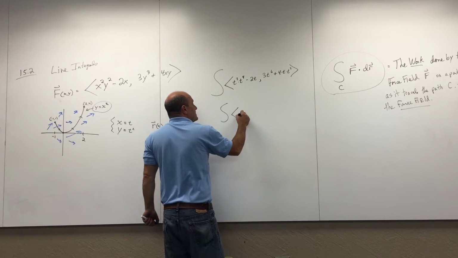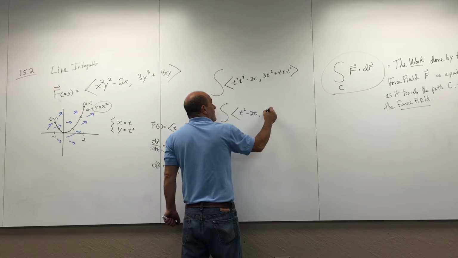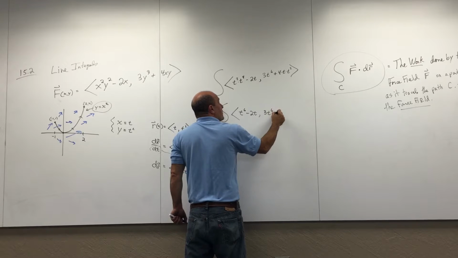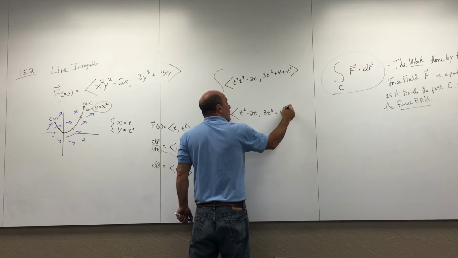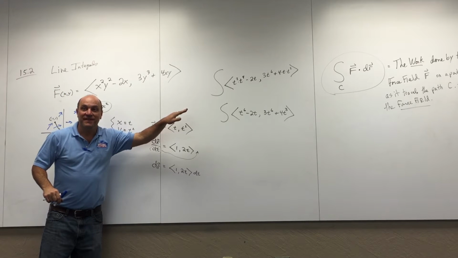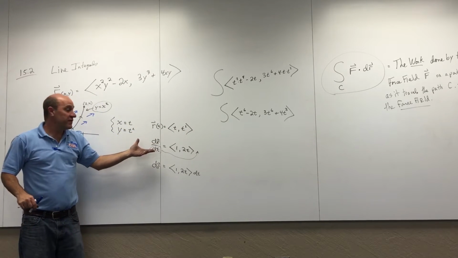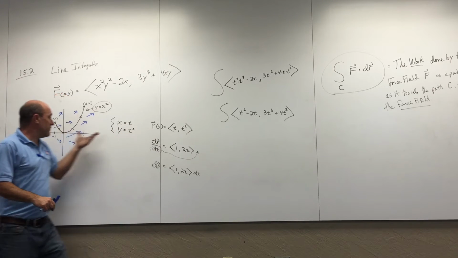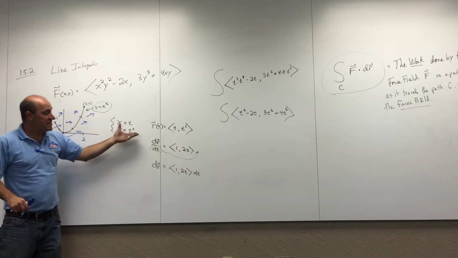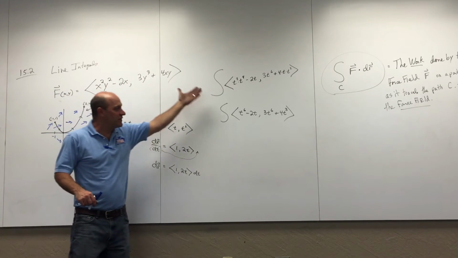This is t to the sixth minus 2t, comma, 3t to the sixth plus 4t cubed. Are you with me? This is my vector field with the t's filled in from our curve, the parametrization of the curve filled into the vector field.